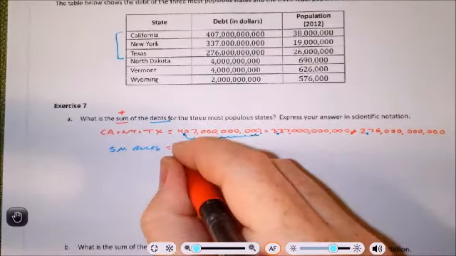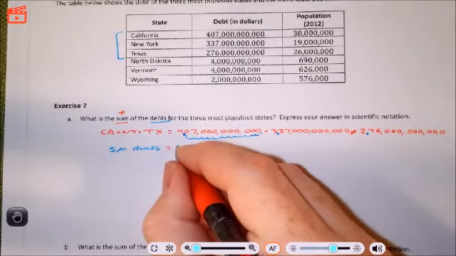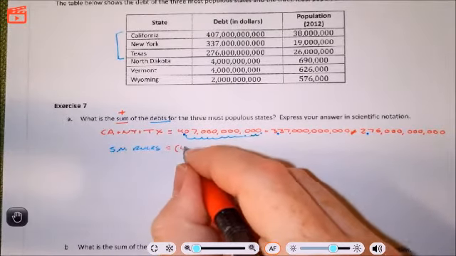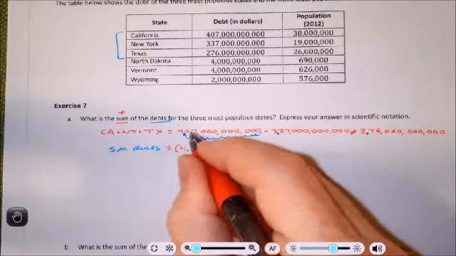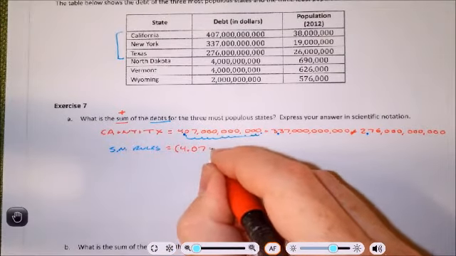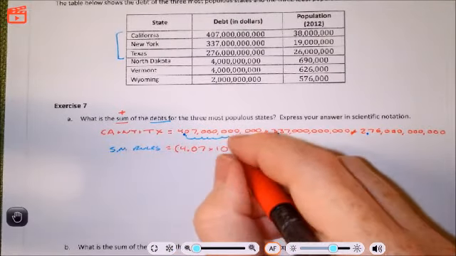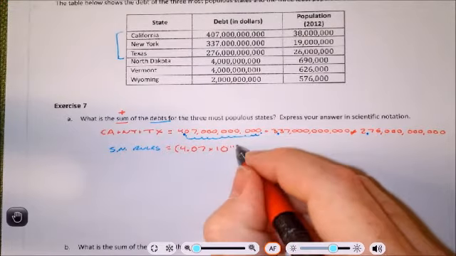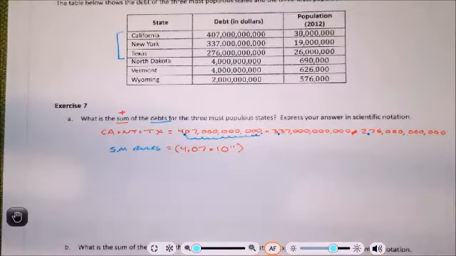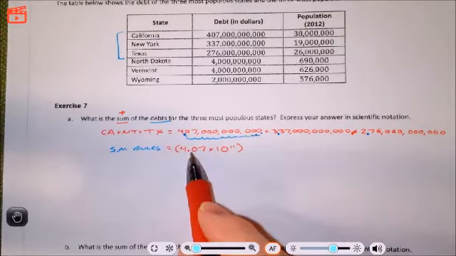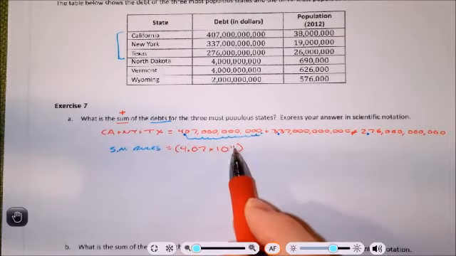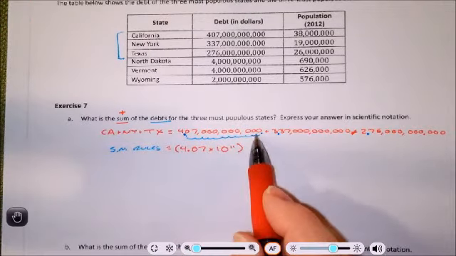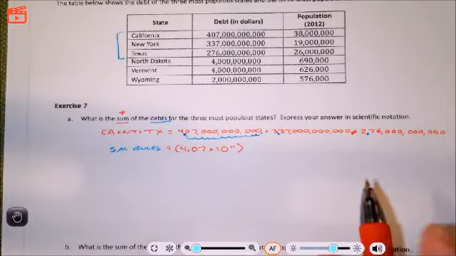So this long number for the debt of California changes to 4.07, keeping all the numbers, times 10 to the 11th because I moved 11 place values. This number is a big number, so it's a positive exponent, and I moved the decimal 11 spaces.